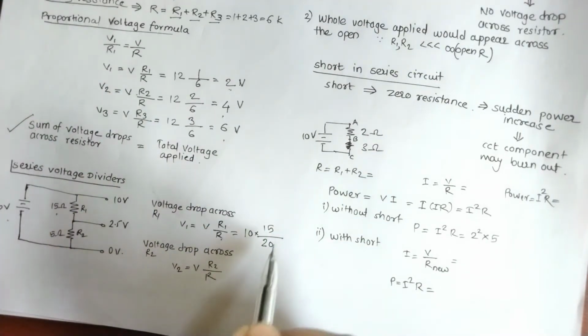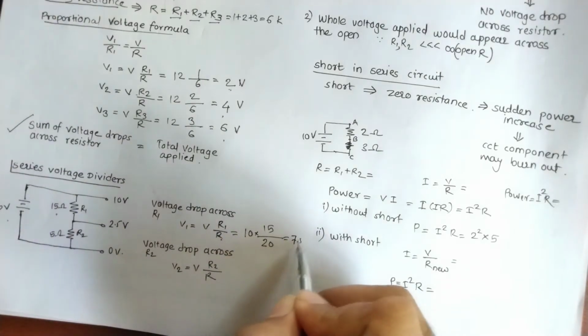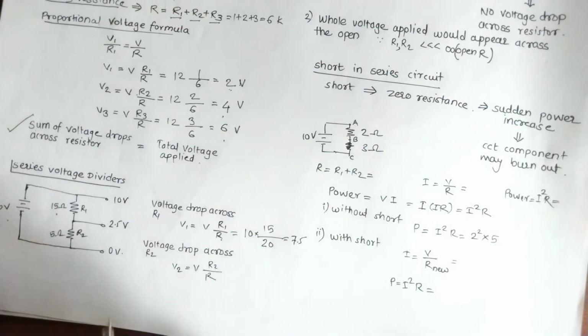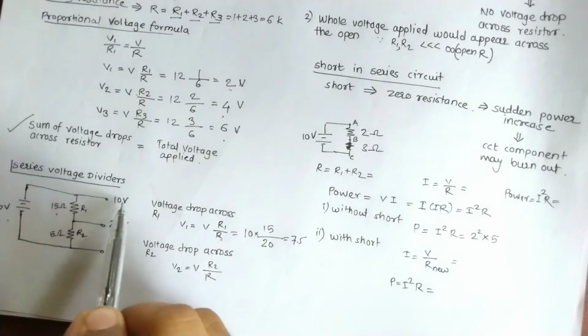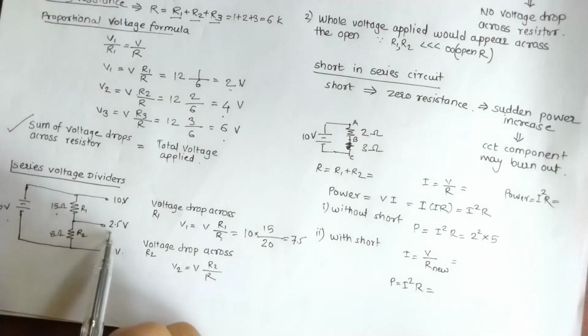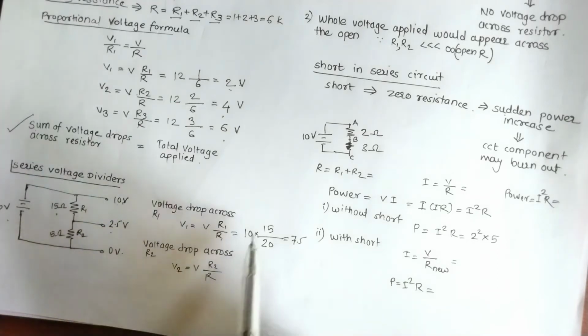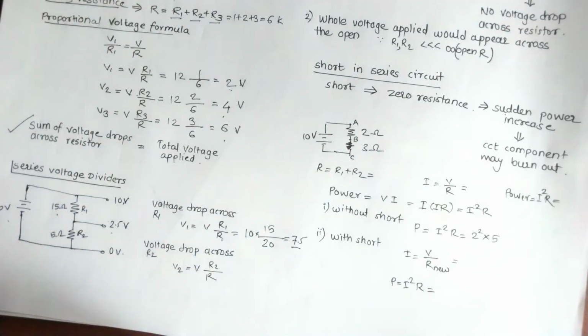So we can easily find that the voltage drop is 7.5, right? The voltage at this point is 10 volt, and after passing the current through R1 we will get a drop of 7.5, leaving 2.5, that is 10 minus 7.5.